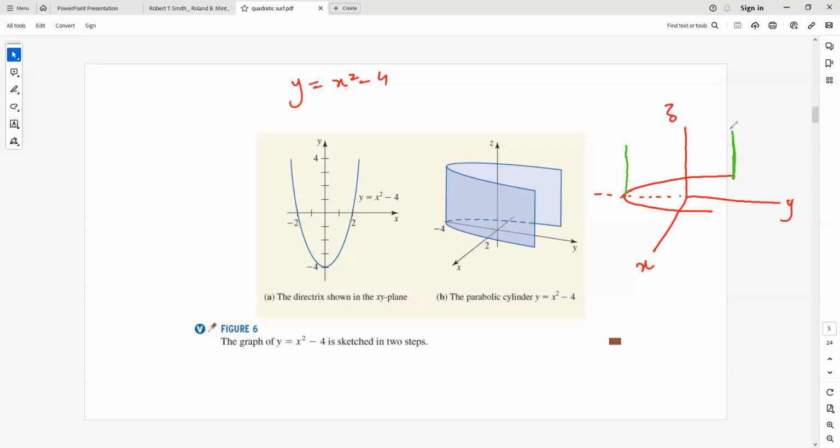Now just join this point here like this, and it will come here, right?